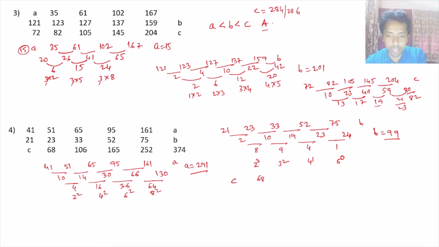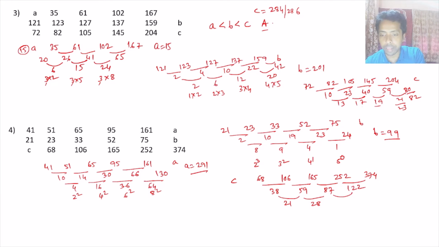C, 68, 106, 165, 252, 374. This is 32, 38. This is 59. This is 35, 87. This is 122. Again, check the difference. 21. This is, if it's 60, then 27, but 1 less, that means 28. Here it's 13 less than 100, that is 35. Now, by seeing these numbers 21, 28, 35, what do you think?